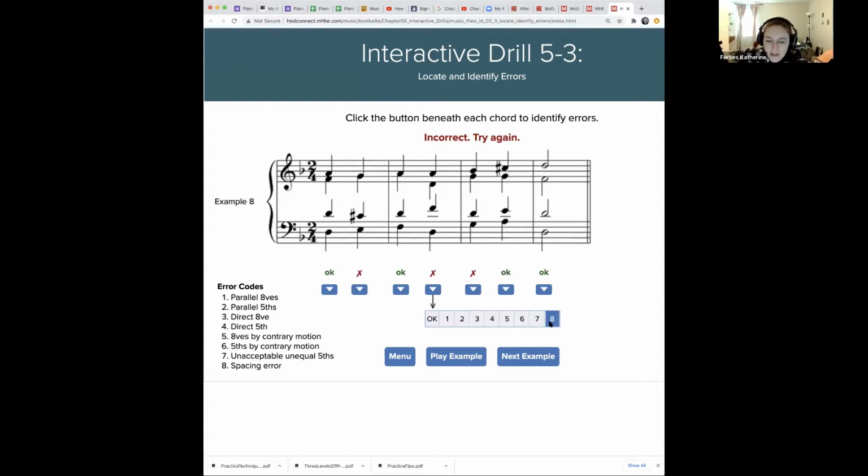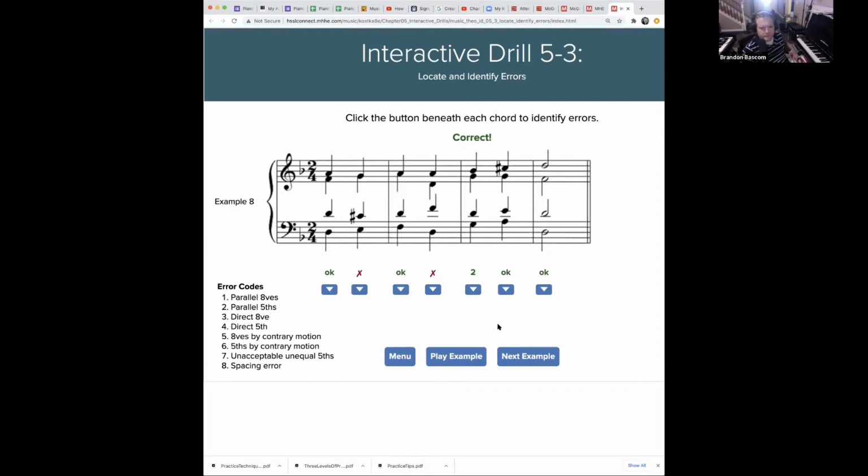Is it contrary fifths on the one right next to this one? Here? Yeah. No. Fifths by contrary motion? Or do you mean parallel fifths? It's parallel fifths.